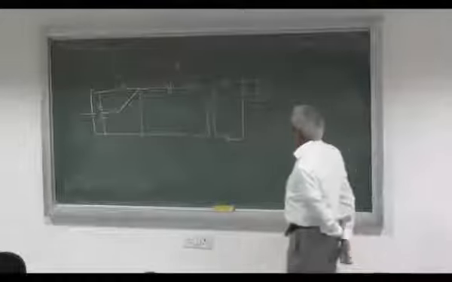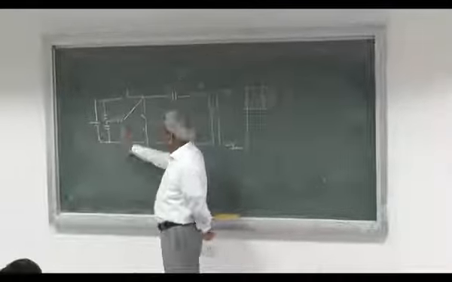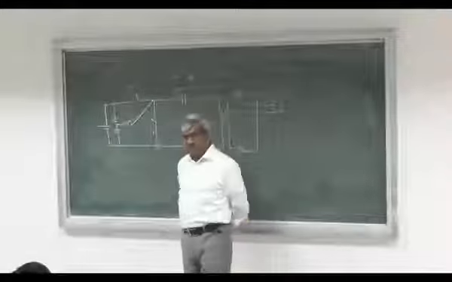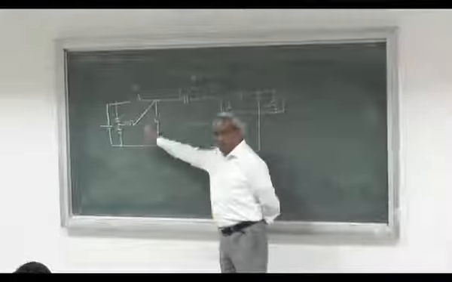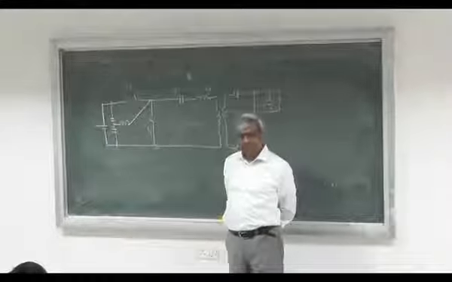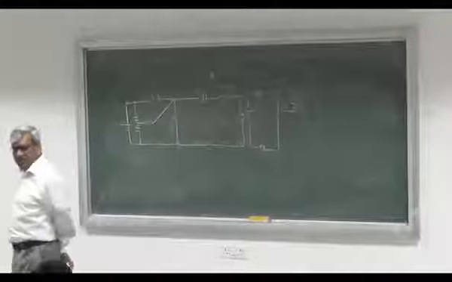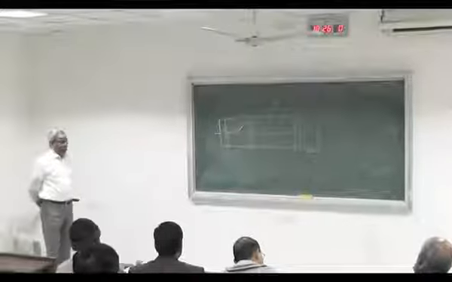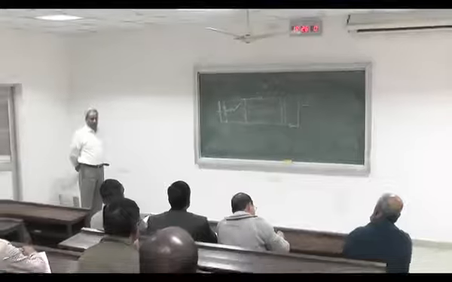Now, if you look at the trade-off between these two inductors, this inductor is much smaller than this one. This inductor doesn't have high voltage stress, and it doesn't have to carry all the power. It carries only the current which is required for the commutation for soft switching.